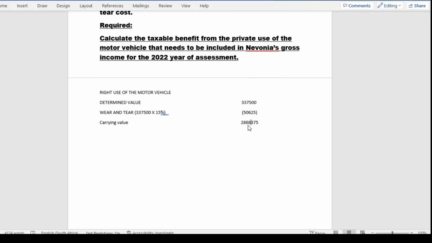Can I ask something before we continue? When do we use 3.25%? When there's a maintenance plan. Can you please go up again to the question?